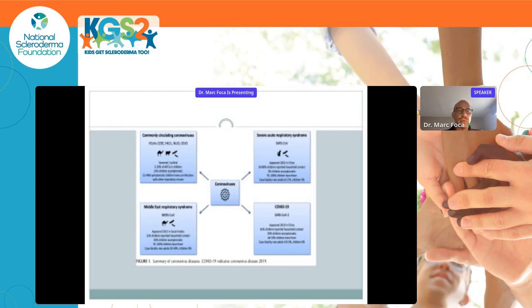It turns out that there was an episode that was called the Russian flu in the late 1800s, which was probably one of these coronaviruses as it first entered the human population and caused a great deal of illness and mortality. But these are the four we typically see, and they're picked up on a normal respiratory panel that you or your child might get in the emergency room or in the hospital.